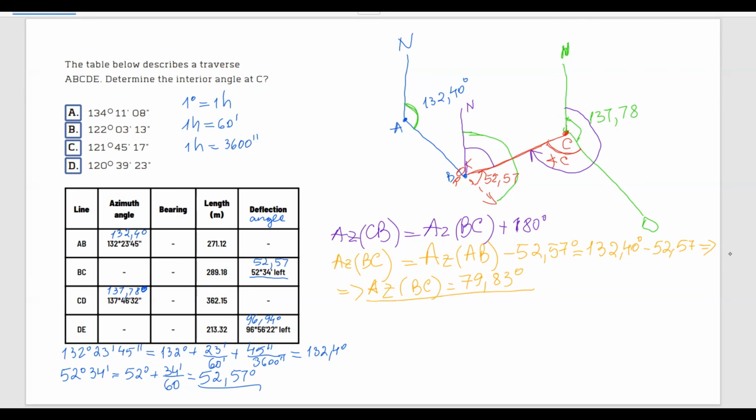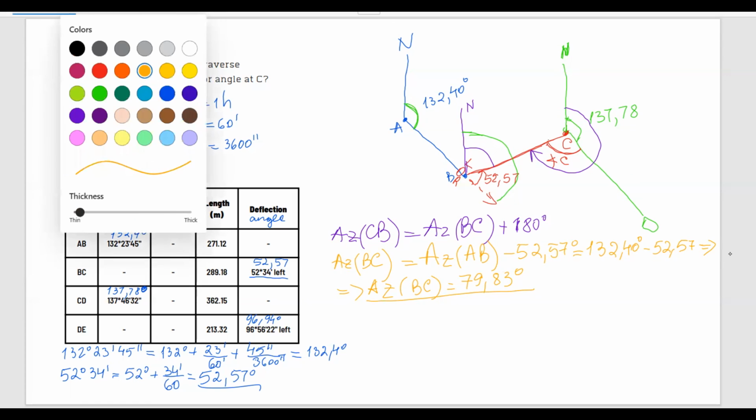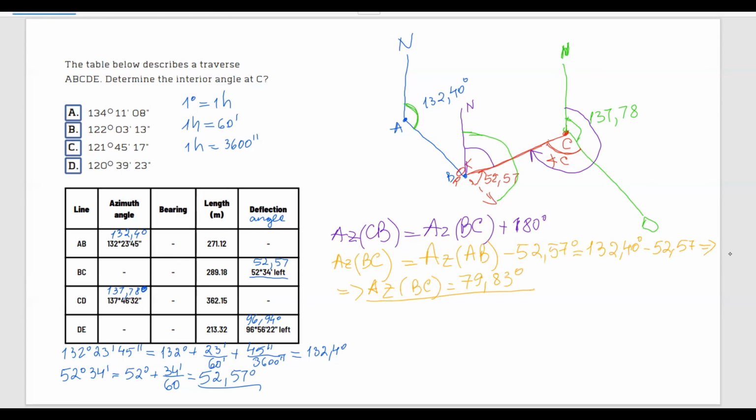Great. So now we know that this, in purple, is 79.83 degrees. Great. So now that we know the azimuth of BC, we can calculate the azimuth of CB.